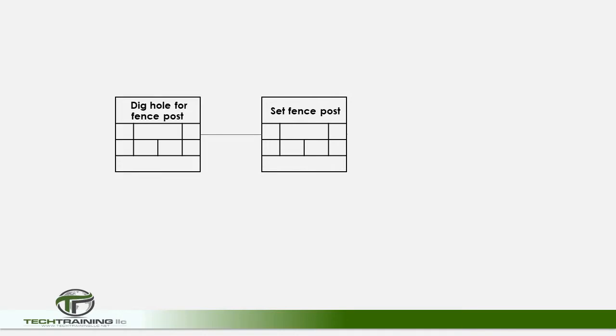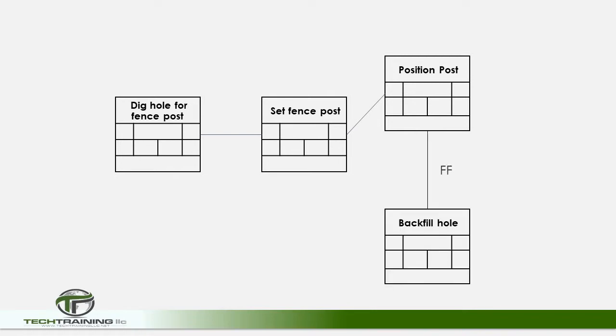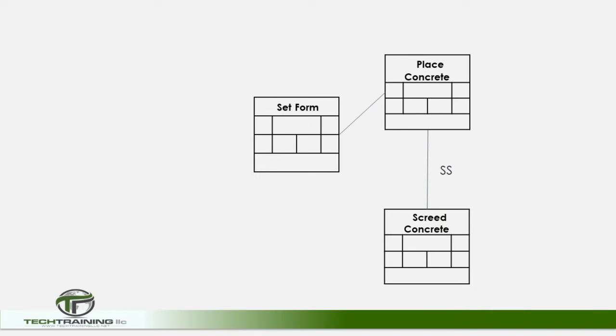It is impossible to set the post until we dig the hole, but positioning the post is dependent upon setting the post. We can't position the fence post until it's placed in the hole. Now, if we want the fence post to remain plumb, we must backfill while keeping the post in position, finish to finish.